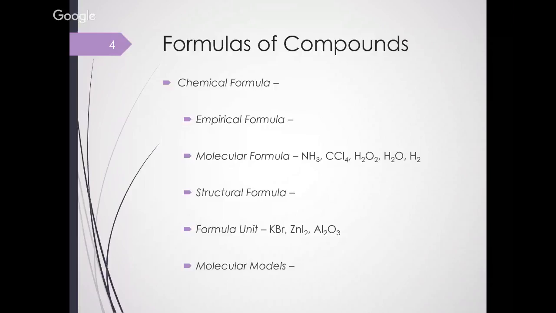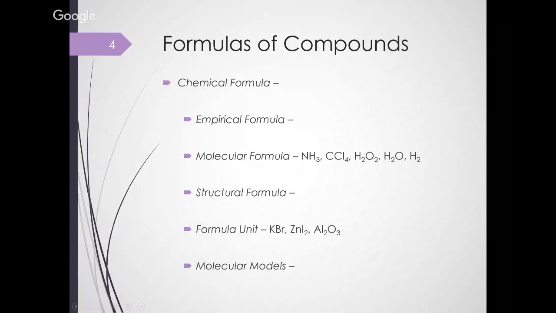A formula unit is used to represent an ionic compound, because in ionic compounds you have repeating patterns of cations surrounded by anions, surrounded by cations, etc. We look at the basic question: what are the two atoms that came together, and what are their charges?